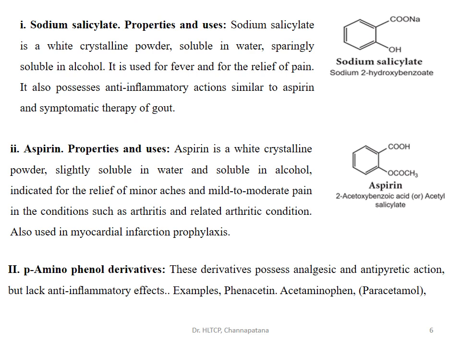The second category is para-aminophenol derivatives. Examples are phenacetin and acetaminophen, that is paracetamol. These are especially used as analgesics and antipyretics, because when injury takes place and inflammation occurs, there will be pain and body temperature increases.